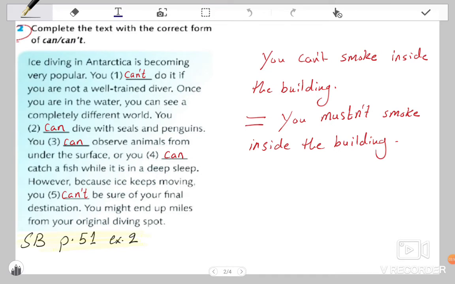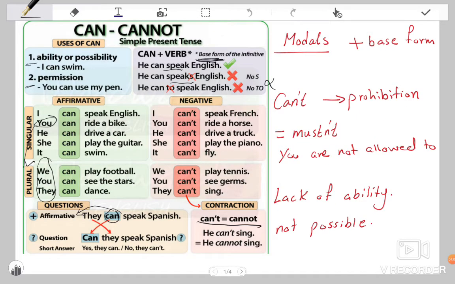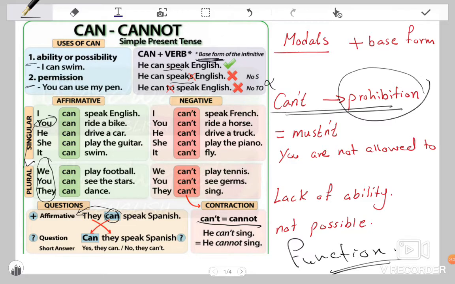Okay? Now, let's move on to another thing. Here we have can't, the negative form, which means what? I need the meaning of this word. So we talked about in the previous one, we talked about the meaning of can, and we call it what? We call it function. الوظيفة اللغوية. So the function, الوظيفة, the meaning, ability or permission. But what about can't? Can't means what? Means prohibition, which means المنع.